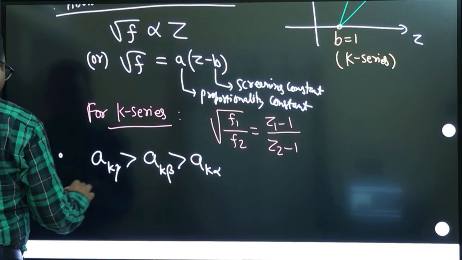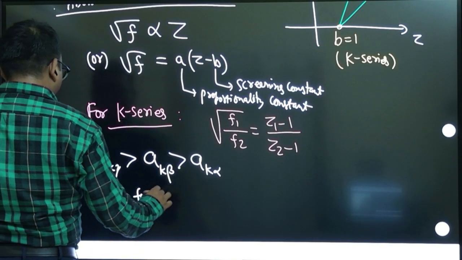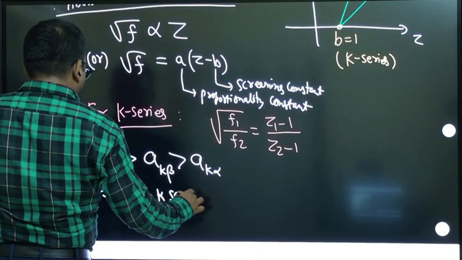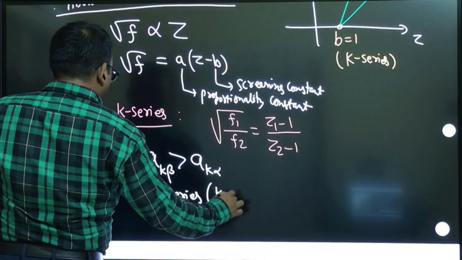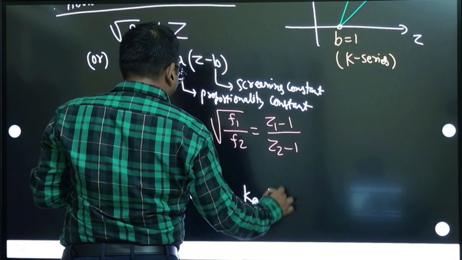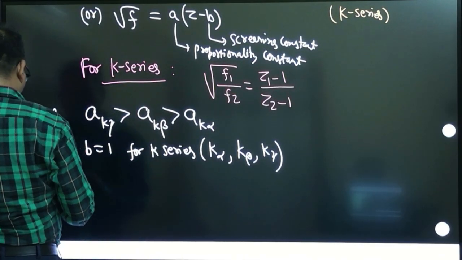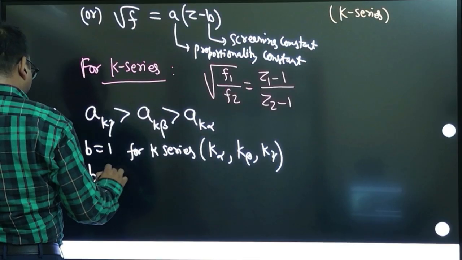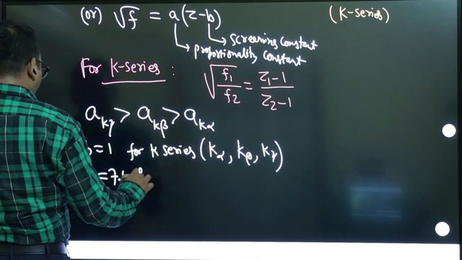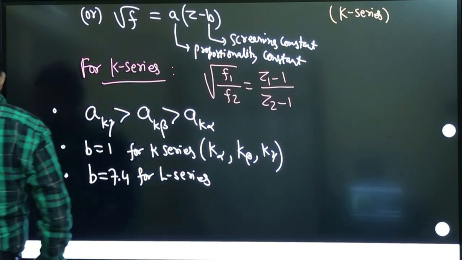So here also note that b is going to be 1 for K series, whether it is K alpha or K beta or K gamma. What about value of b for L series? It is 7.4 for L series. This you need to remember.